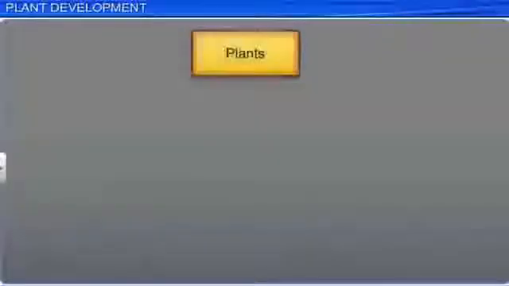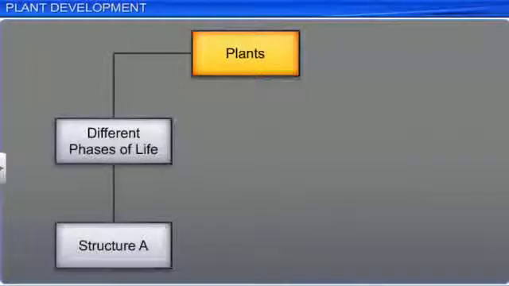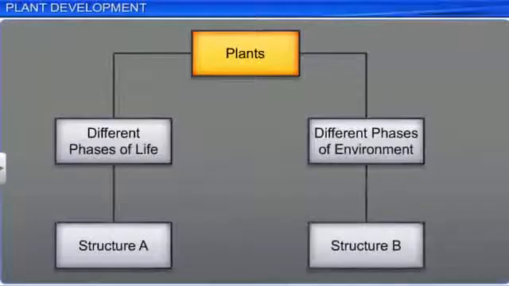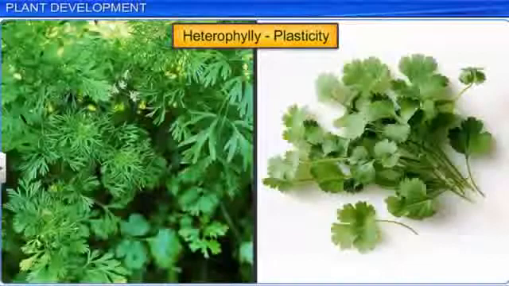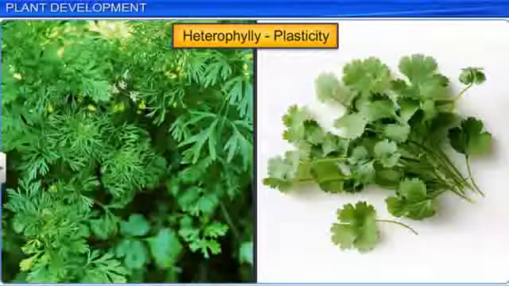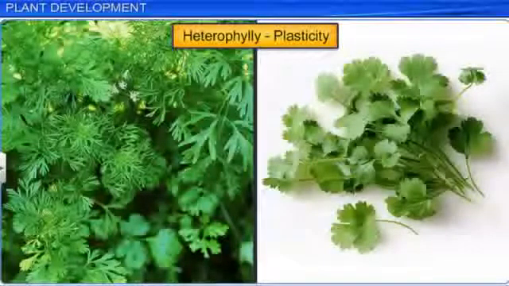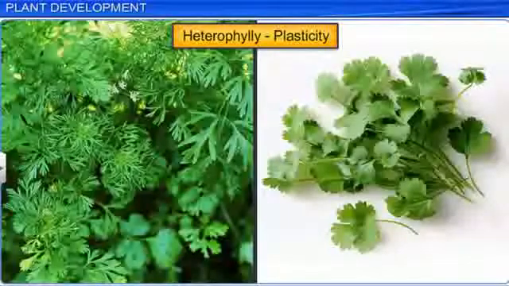Plants also develop different structures in response to different phases of life or the environment. This phenomenon is called plasticity. Heterophylly, the presence of more than one type of leaf, in the coriander plant is an example of plasticity in response to different phases of life.